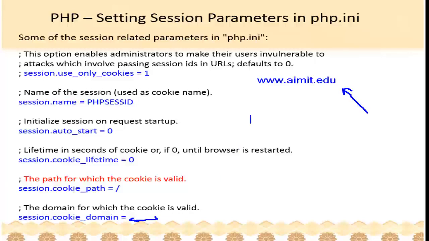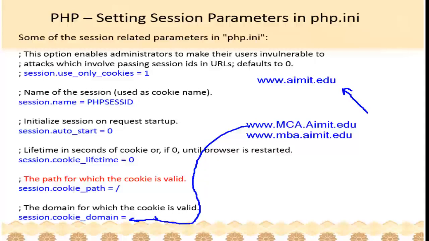For example, the college might have created www.mca.amit.edu, or a subdomain like www.mba.amit.edu. Now again, if you specify the domain as www.mca.amit.edu, then this cookie will not be sent to any request that is going for MBA.